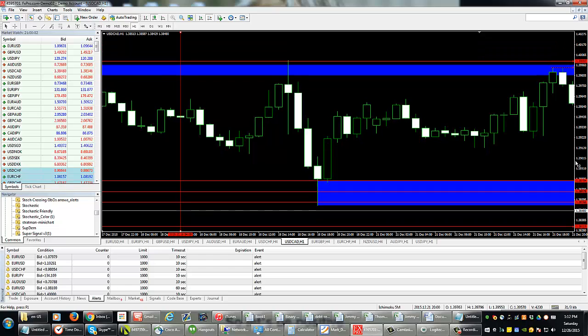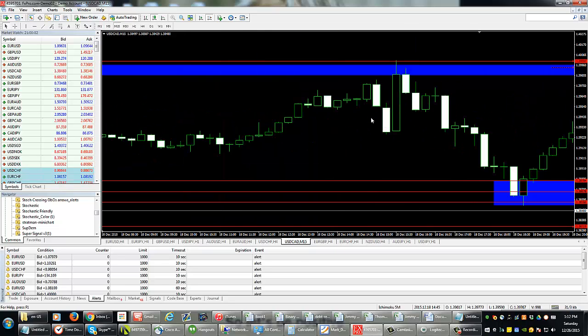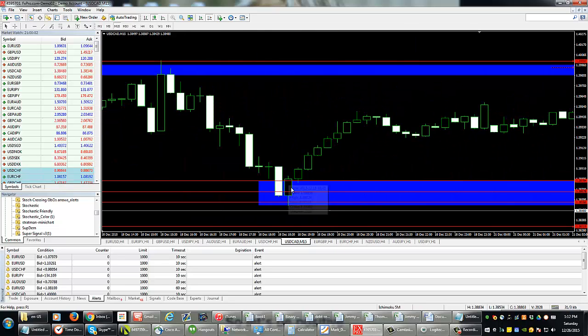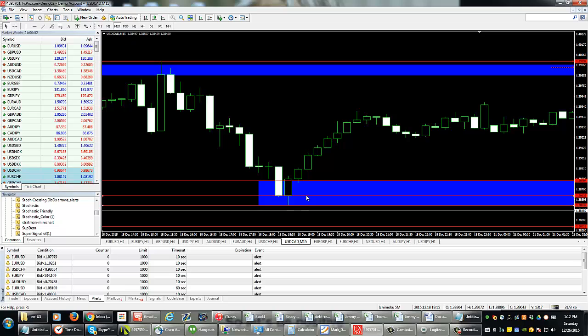That helps you narrow down the zone a little bit. If we go down to the 15-minute, it becomes even more clear, and we see the wick down here. We can really get down to a minute level where the highest area of rejection was. Based on this, I would go like this, and there's our zone.